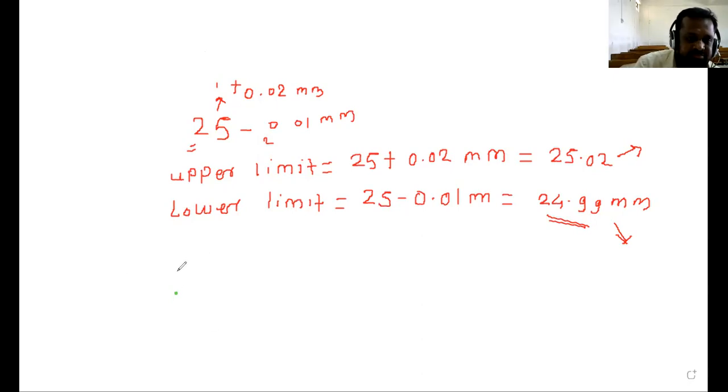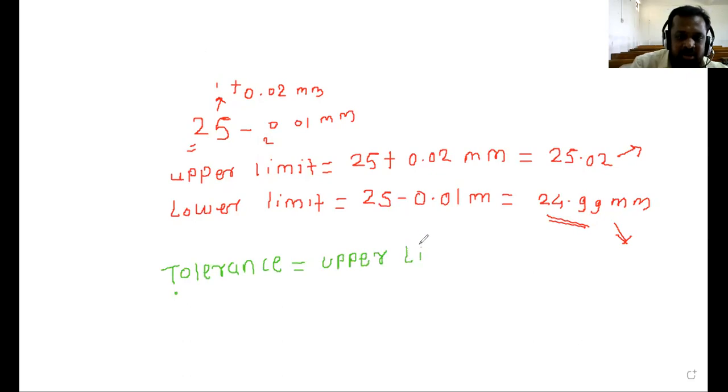Tolerance is the algebraic difference between the upper limit and the lower limit.